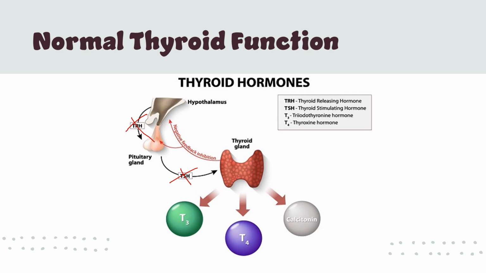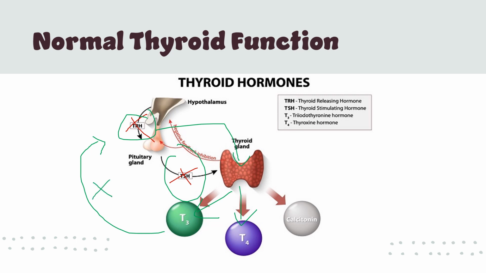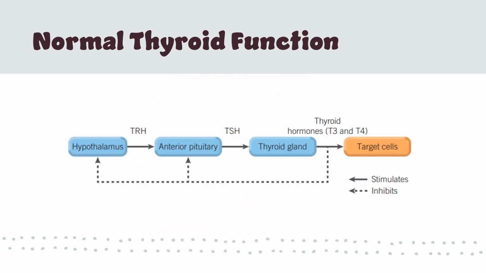Those two hormones usually act on the thyroid gland and help it produce T3 and T4. So this is a negative feedback loop because the T3 and T4 are stopping TRH and TSH from being produced. So it's counteracting that stimulus.